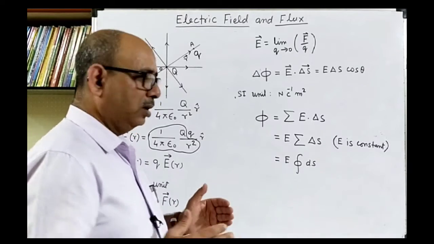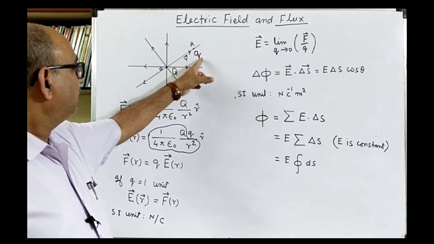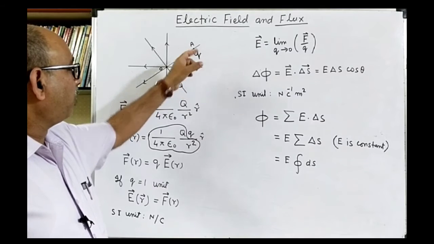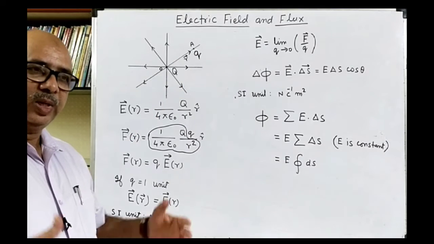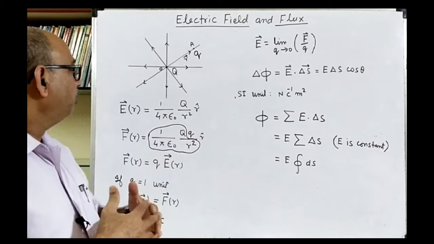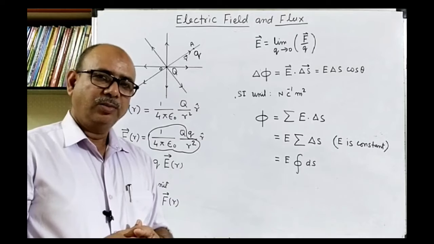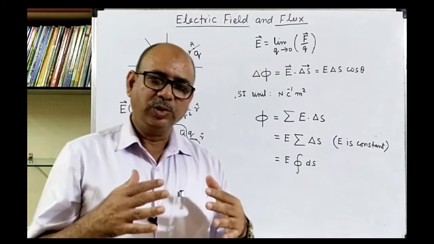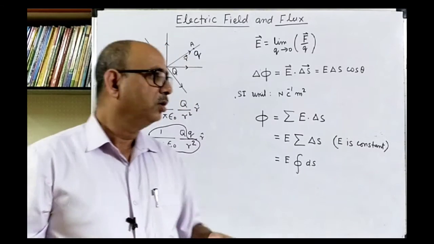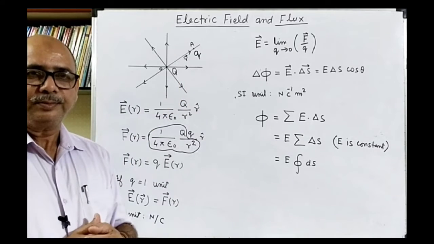Now, when we place the test charge q at point A, there will be a mutual interaction between the source charge and test charge. Because of this interaction, the position of the source charge must not be disturbed.